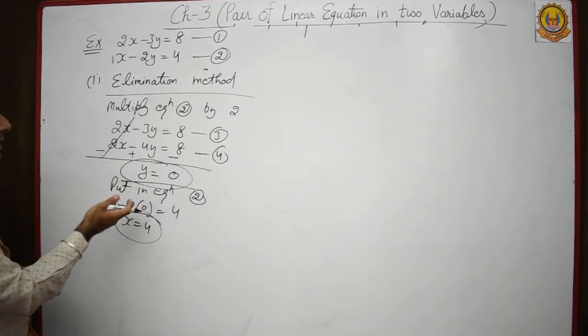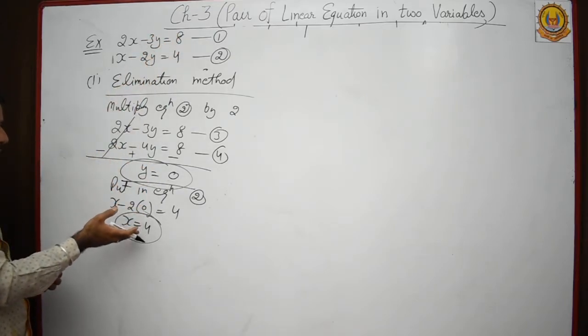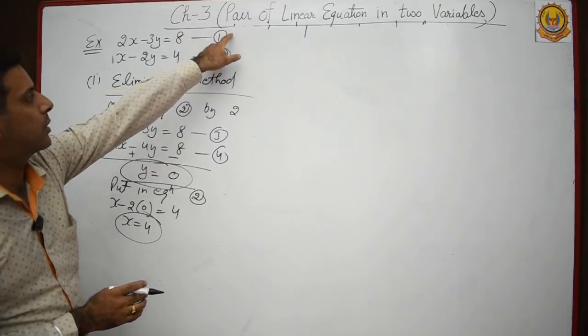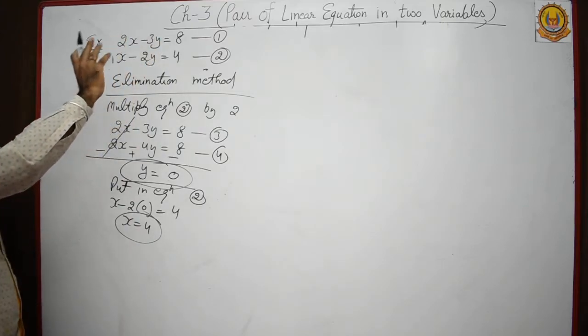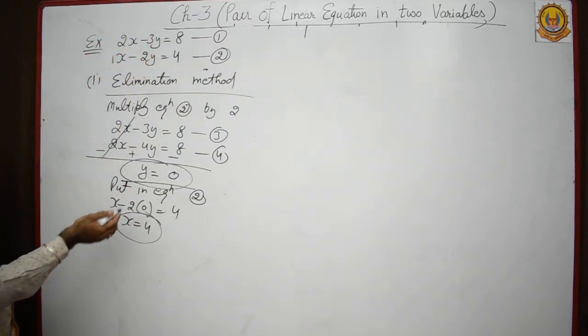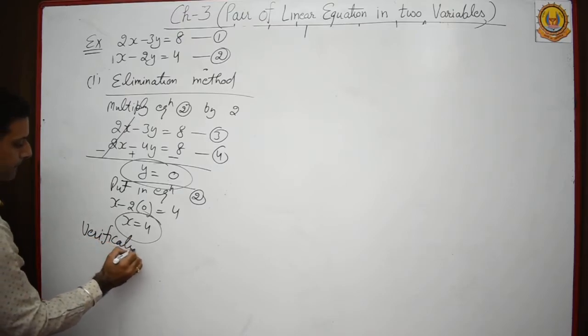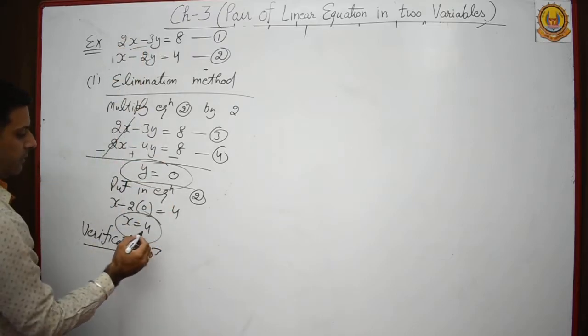You can also verify this solution. If this solution is right, then you can put these values in equations 1 and 2. If the left side and right side both become the same, it means this is correct. So I am just verifying. Verification: put the values of x and y in equation 1.